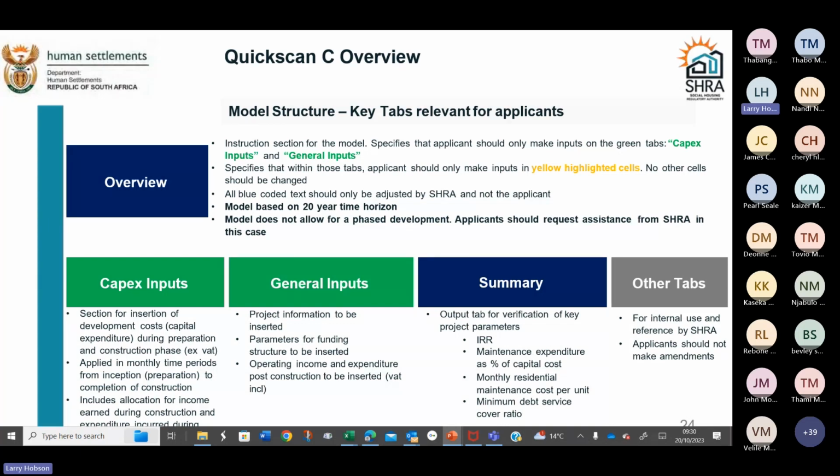Then you do your inputs only on 2 sheets, CapEx inputs and general inputs. In those tabs, there are fields that are highlighted in yellow. You're only allowed to change inside the yellow fields. You'll see that the sheet's been protected, so you can't put in any other changes elsewhere.